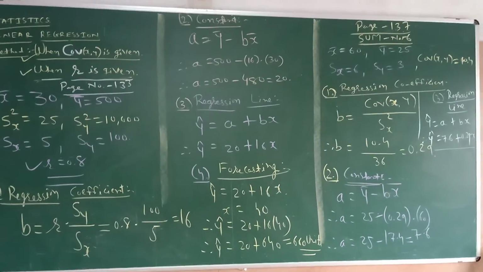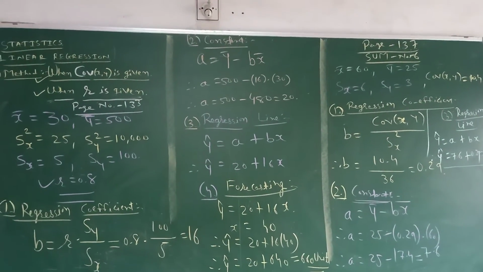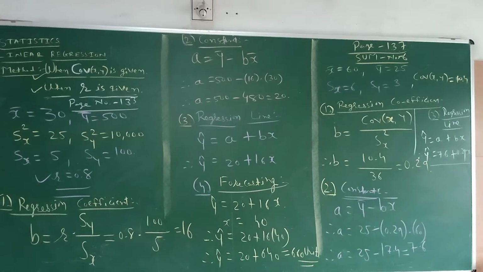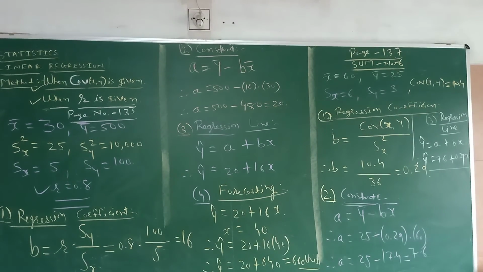Now different types of such sums you can do by yourself also. I would like to provide you some homework sums. By today's video lecture you can do these sums on your textbook page number 137. The homework you can do by yourself is sum number 7, sum number 8 and sum number 9.